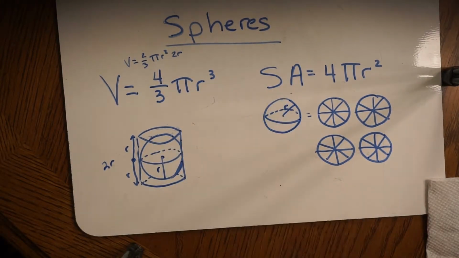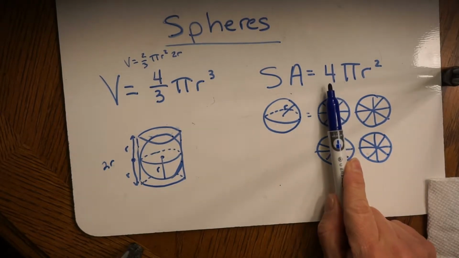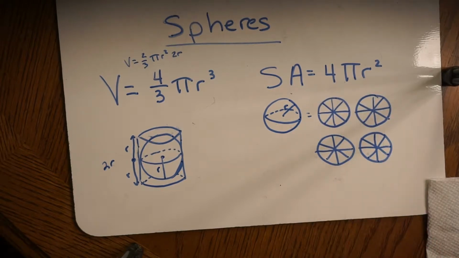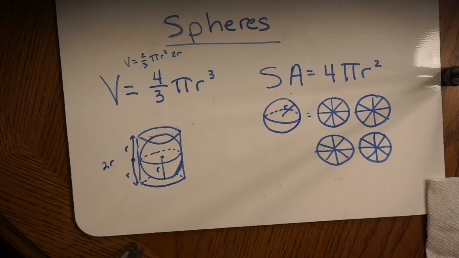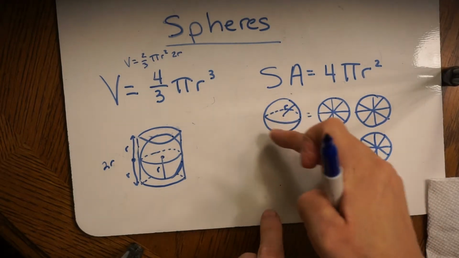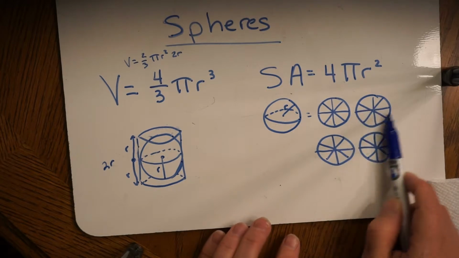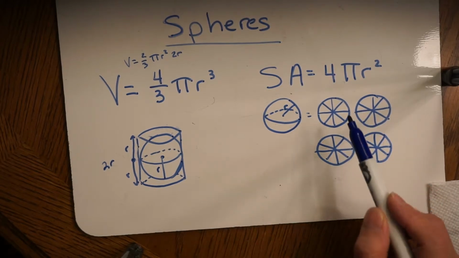We're going to learn that the formula for surface area of a sphere is simply 4 pi r squared. And a good way to remember that is to think about 4 circles that have the same radius as your sphere. I think of them as orange slices or something like that.